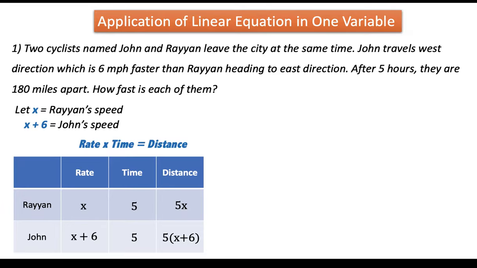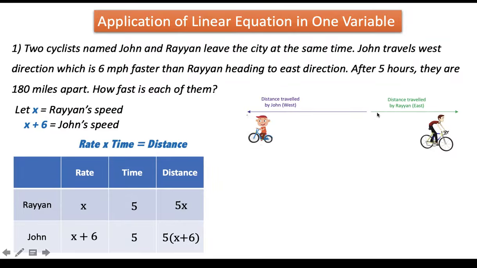Now, after organizing our data, we are in the process of setting up our working equation. Let us sketch our problem. We have two cyclists here, going in opposite directions. This is John's distance traveled going west, and this is the distance traveled by Ryan going the other direction, east.